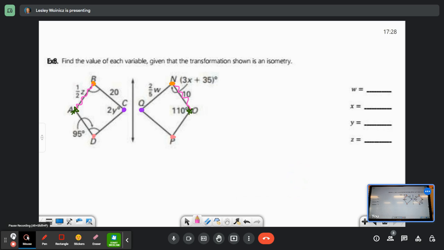So I can write an equation for that. I know that 1/2 z equals 10. So if I multiply this side by 2 and this side by 2, my 2's cancel and I get z equals 20. Okay, that's one down.